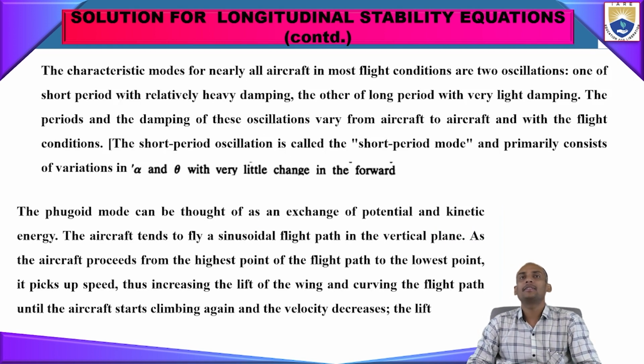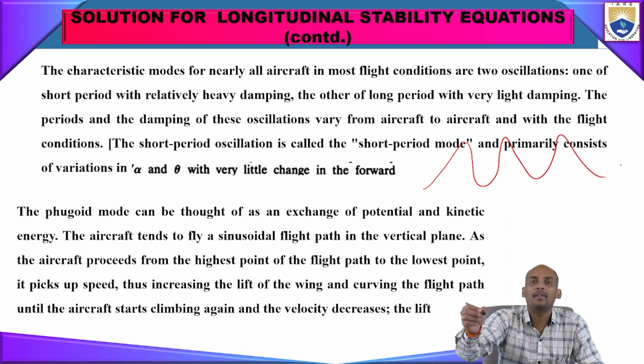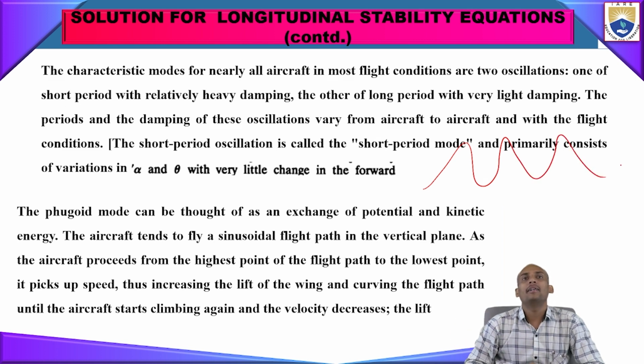The characteristic modes in nearly all aircraft flight conditions are two oscillations. One is the short period with relatively high damping, like a sinusoidal short period wave. The other is the long period with very light damping.